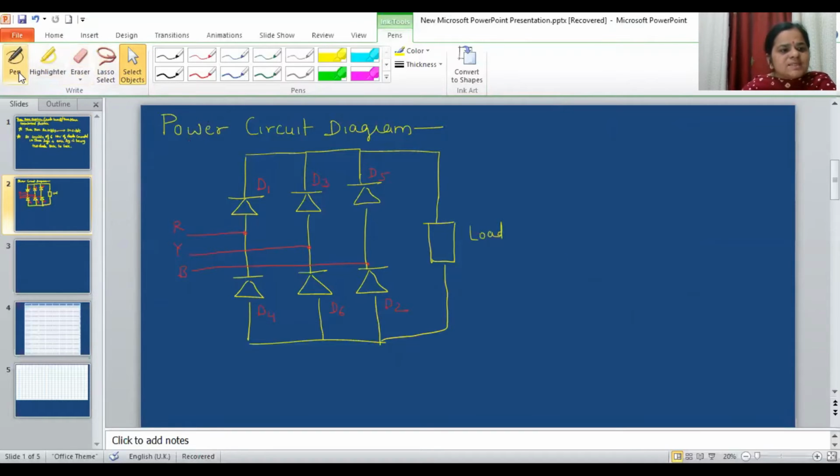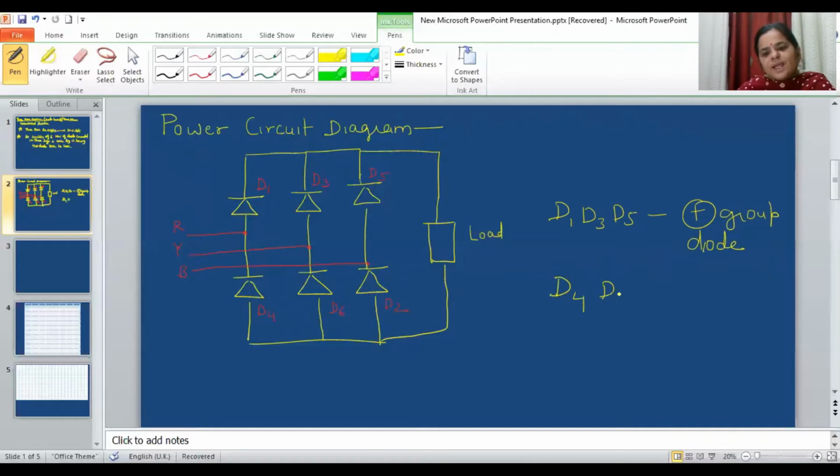As I discussed in my previous video, D1, D3, D5 are the positive group diodes because in the common cathode configuration the devices will be forward biased when connected to the maximum positive supply. Whereas D4, D6, D2 are the negative group diodes, and they will conduct when the maximum negative supply is connected to them.